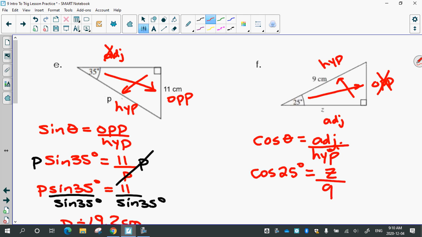So this is an easier kind because the variable's on top. So we can just multiply both sides by 9. And then we get Z is approximately 9 times the cosine of 25 degrees, 8.2 centimeters. Remember to use the dot, approximately dot above your equal sign, and check to see if there's units in your question.